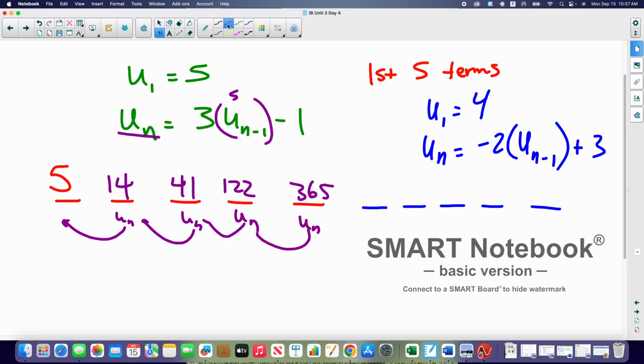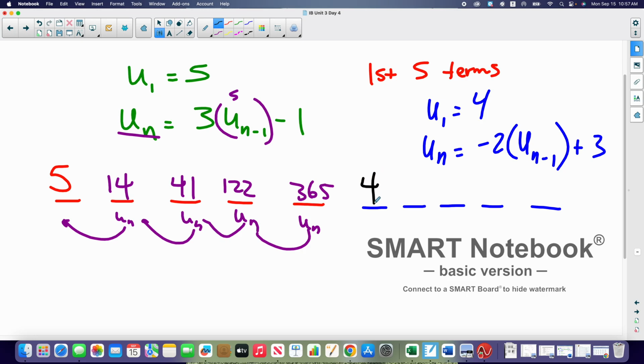Wait, Coach Rice, I'm kind of confused. Because for the first one, Un minus 1, wouldn't that be 4? So then you're doing 3 times 4. What's my first term? It's 4. So 4 goes there.